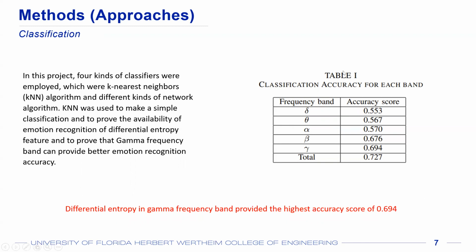From the tables, we can see the frequency band of gamma provides the best accuracy score of 60%, and the classification with the total frequency band provides an accuracy score of 72%.